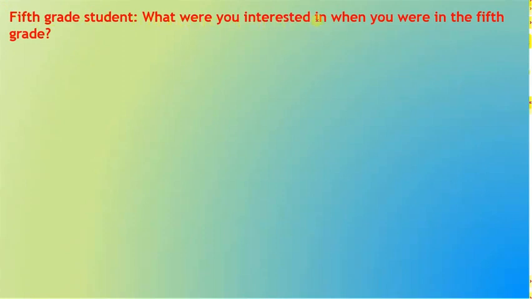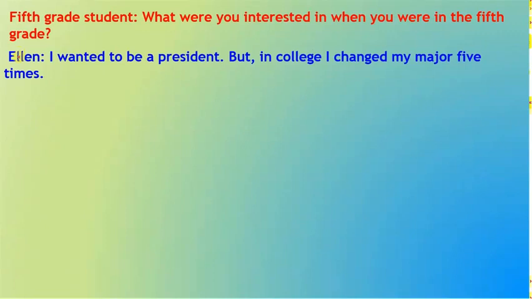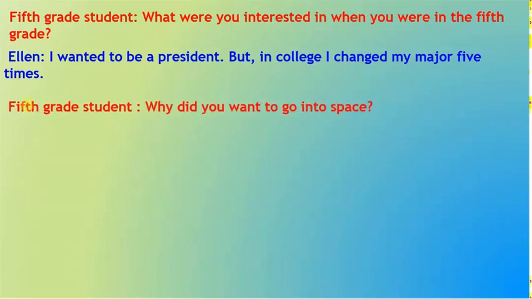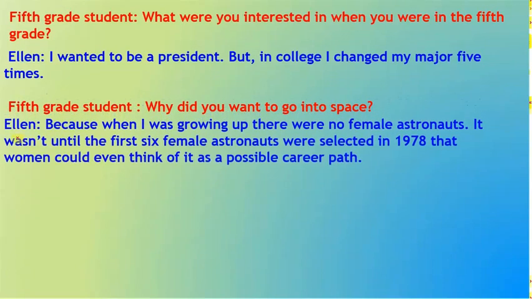Fifth grade students, what were you interested in when you were in the fifth grade? Ellen: I wanted to be a president, but in college I changed my major 5 times. Fifth grade students, why did you want to go into space?